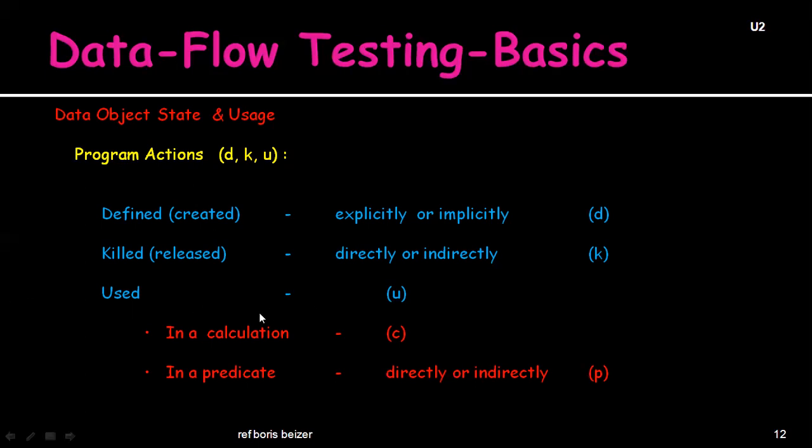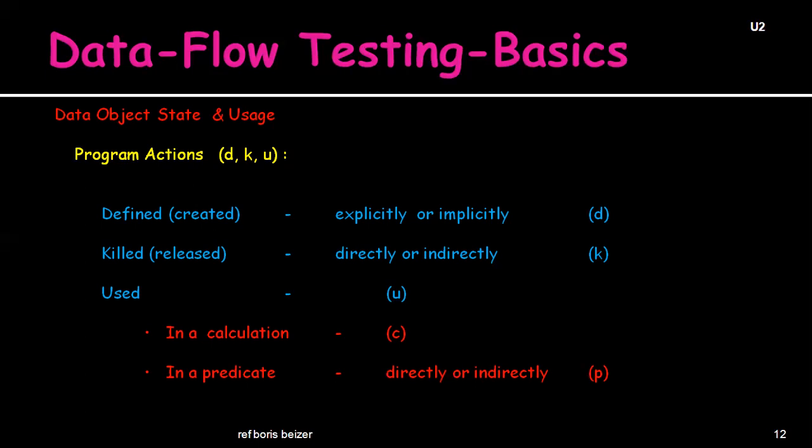Now coming to use or usage. The variable used for any computation is use, that is C, which we use for any computation. Whenever we use these variables, they will be on the right side of the assignment statement. Previously, while defining, it was the left side of the assignment statements.